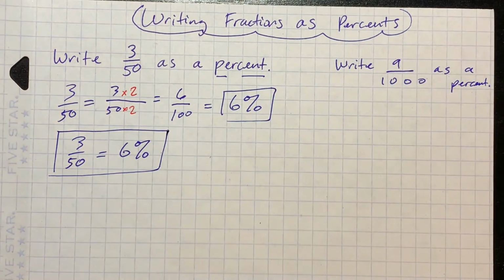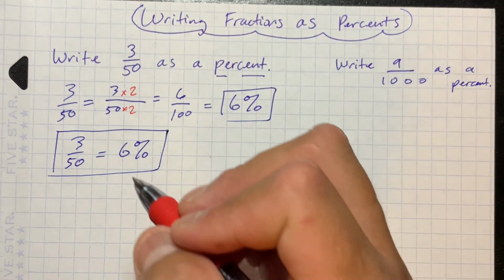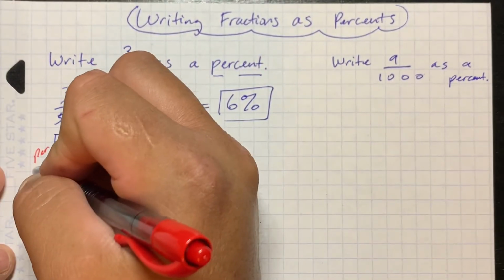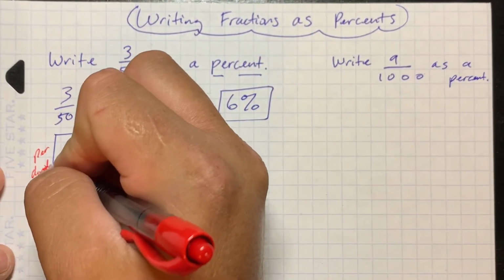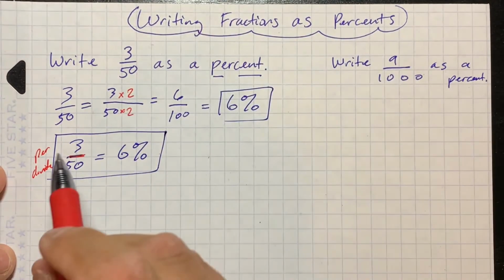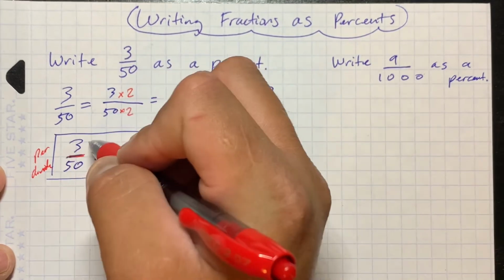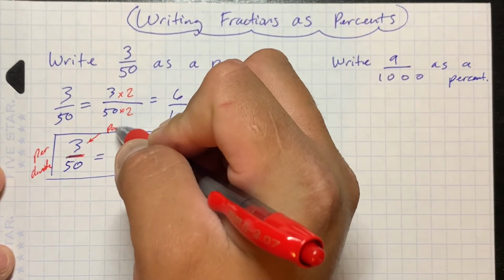But just so you know, remember that the word per means to divide. So we're dividing when we hear the word per. Now the numerator is going to be a part.